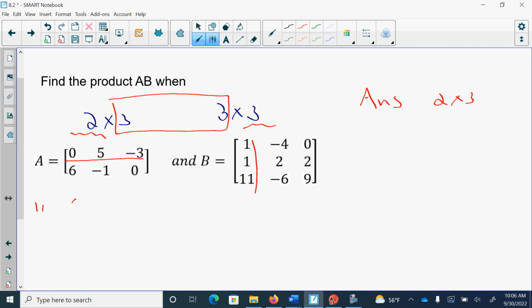So I'm going to take 0 times 1 plus 5 times 1 plus -3 times 11. You see how I got those numbers? Because that's the way you have to multiply. I know, it's not pretty. So I get 0 plus 5 plus -33, so -28, I believe.